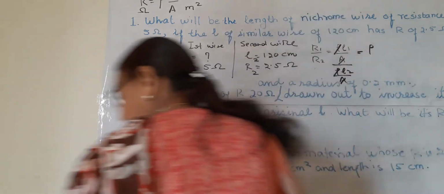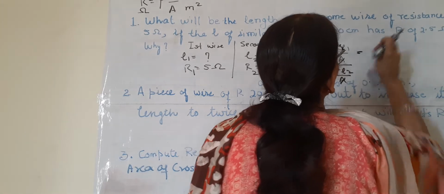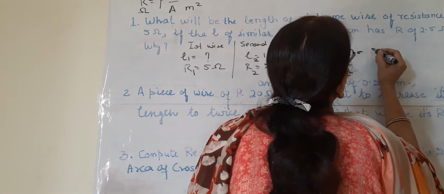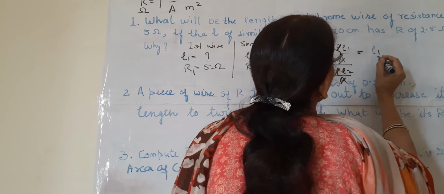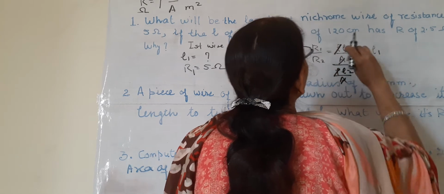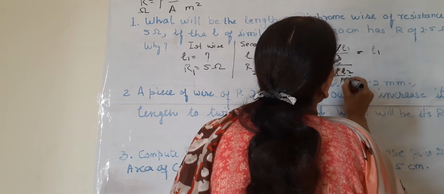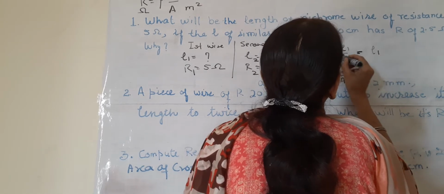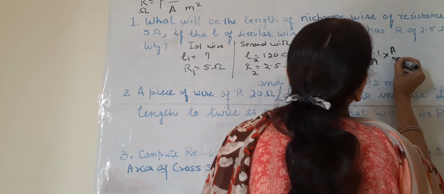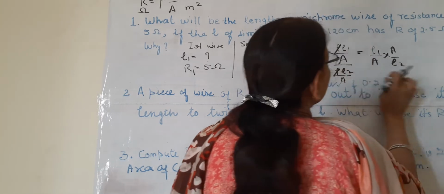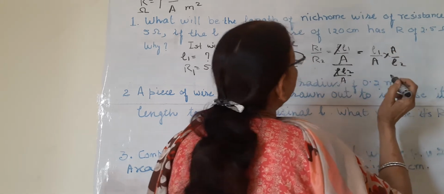So this formula is now L1 upon L2, if we don't cancel here, L1 upon A into A upon L2. This will come in the denominator, A will go to the numerator.